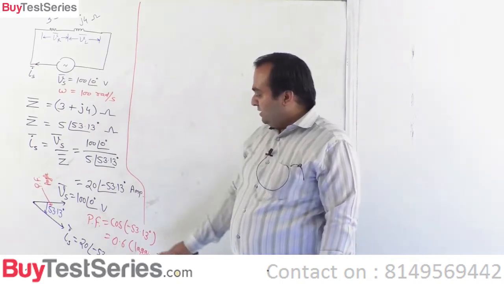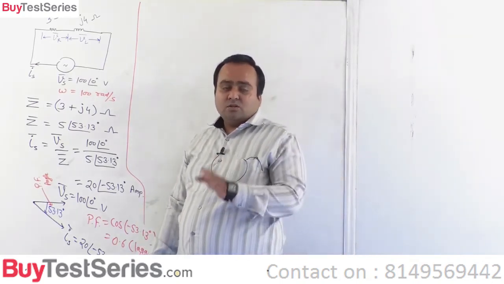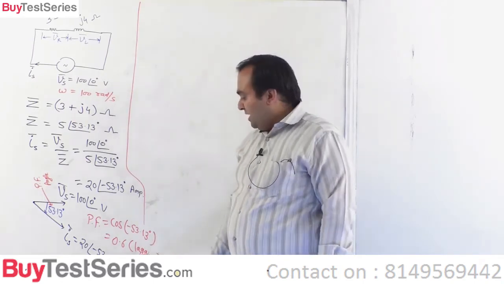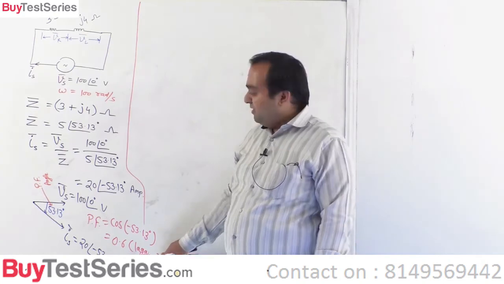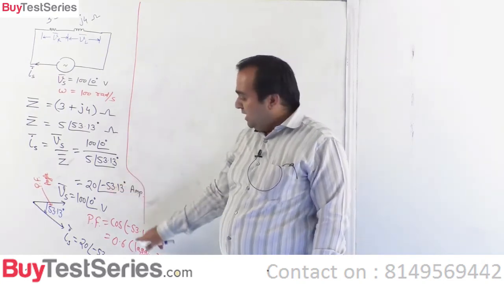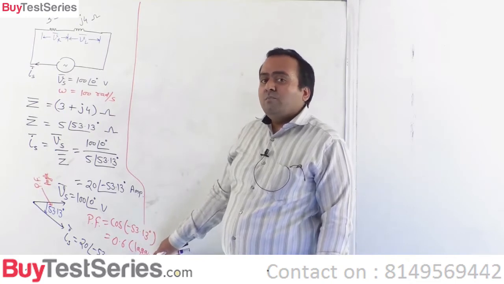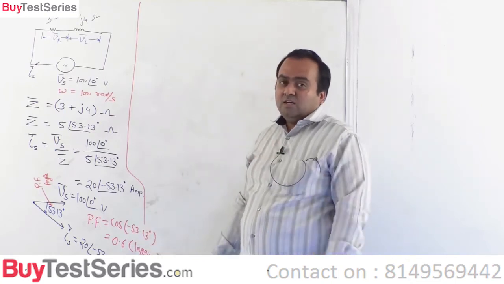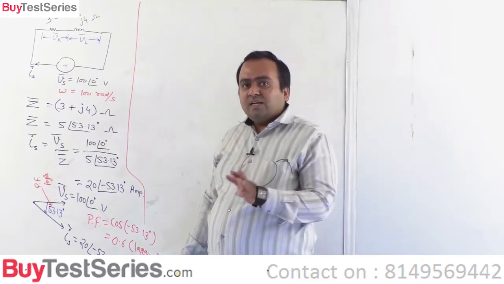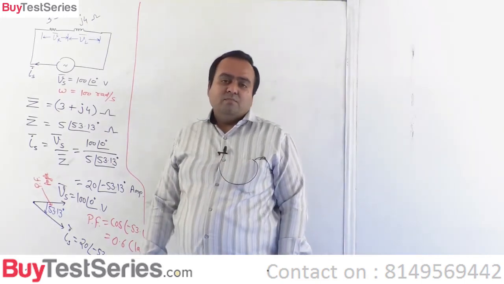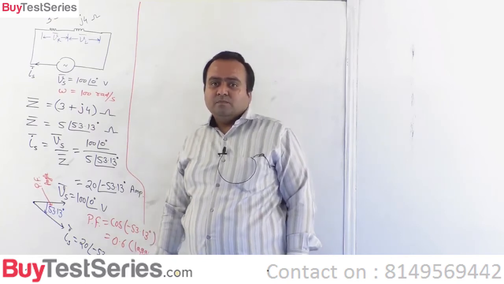That's why this is lagging power factor. Since cos of minus theta is also cos theta, we have to always specify with the power factor whether it is lagging or leading. Even if this was plus 53.13, it would have been 0.6 only, but then we would have written leading in the bracket of the power factor. Is this okay? So whenever you are specifying the power factor, we must always specify whether lagging or leading. Is this okay?